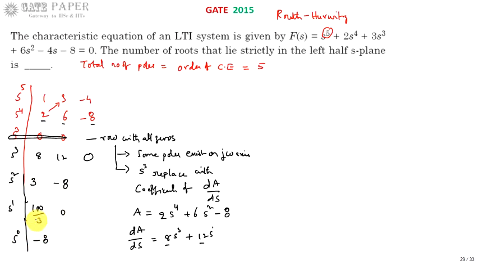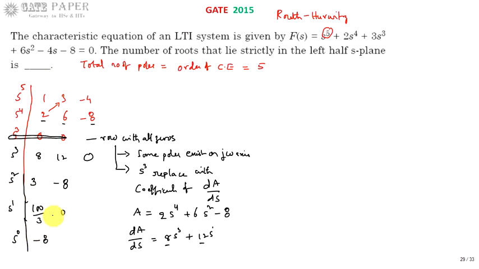Now for stability of the system, the first column of the Routh-Hurwitz criteria should have all positive values. The elements in the first column should be all positive real numbers. If you observe, all are positive except for the S0 row.